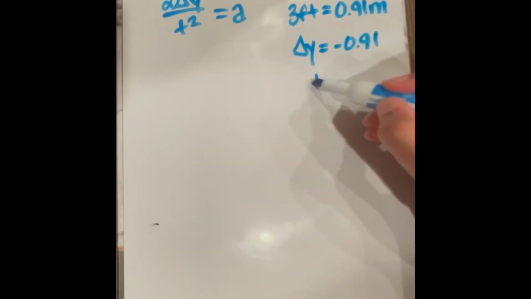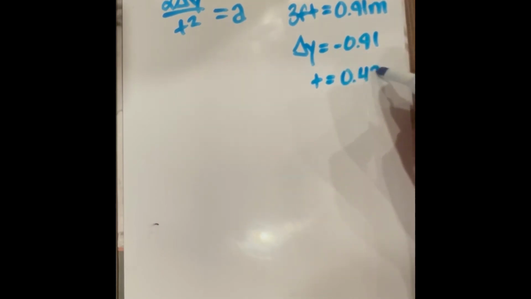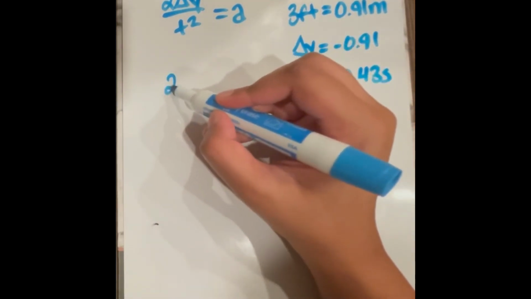So, delta y is negative 0.91 and time is 0.43 seconds. So let's plug that into our equation.